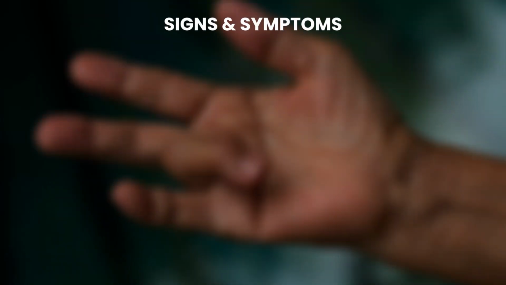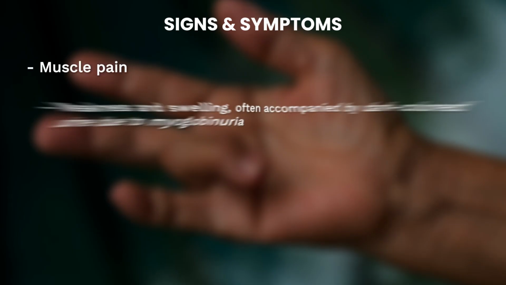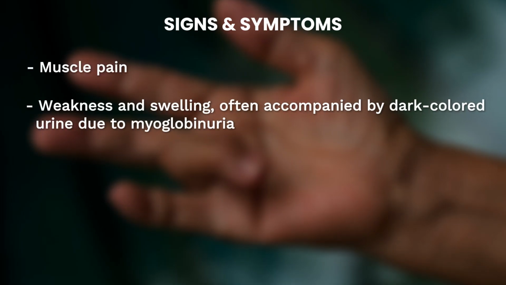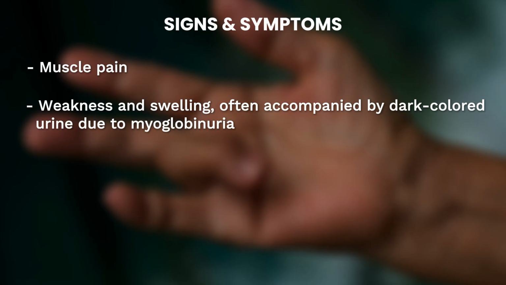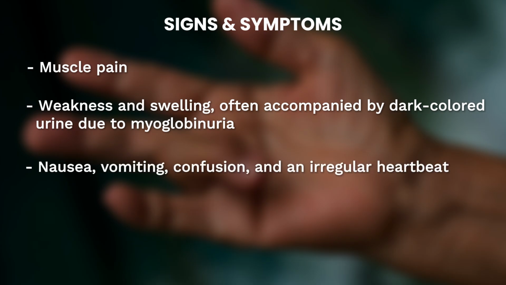Let's take a look at some of these signs and symptoms. Muscle pain, weakness and swelling, often accompanied by dark colored urine due to myoglobinuria. So obviously that myoglobin is in the urine. Additional signs may include nausea, vomiting, confusion, and irregular heartbeat.